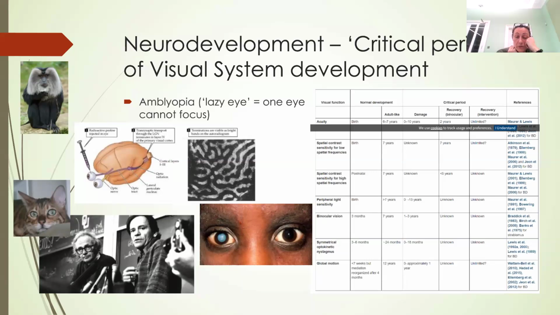We know that from some quite horrendous experiments on macaques and cats, but also from work when children have cataracts and one of their eyes doesn't have the input into the brain. So if that occurs for these binocular areas of the brain, then it makes sense that there might be a critical period for how we develop our orientation columns and our spatial frequency neurons in the primary visual cortex at the back of our brain. So this is potentially a really important period to be looking at.